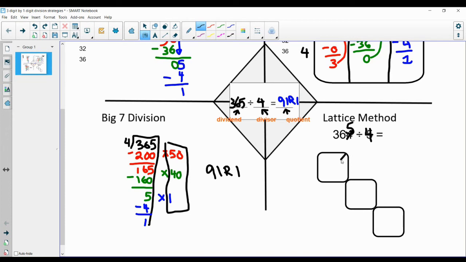Next, you are going to draw lattice lines or broken lines through the middle of your boxes in this direction and not the other way. On the outside, I'm going to write 4 because that's my divisor. And at the tops of each of my boxes, I'm going to write 365.